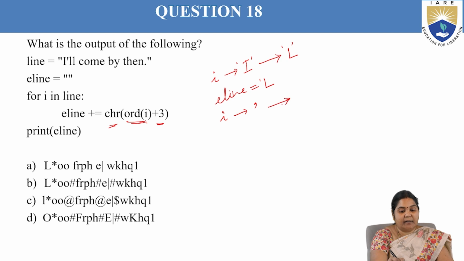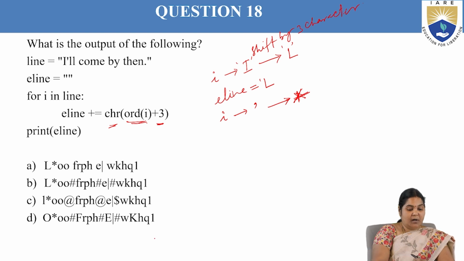If you shift by 3 characters, this will become a star. Let us look at the options first. The first one is a capital L, because the first character is a capital I. After shifting by 3 characters, it will be capital L: J, K, L.